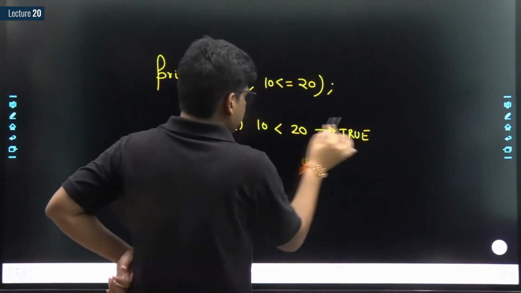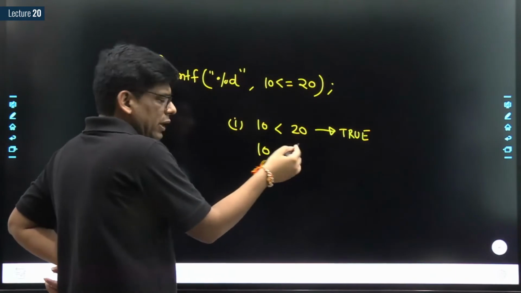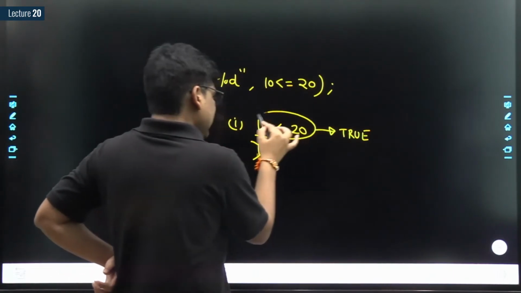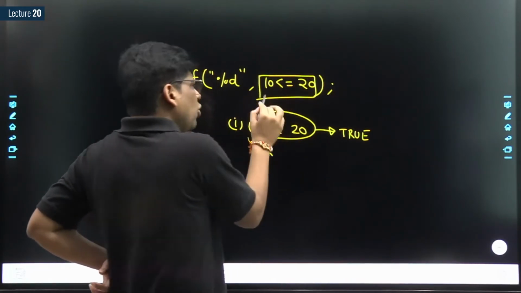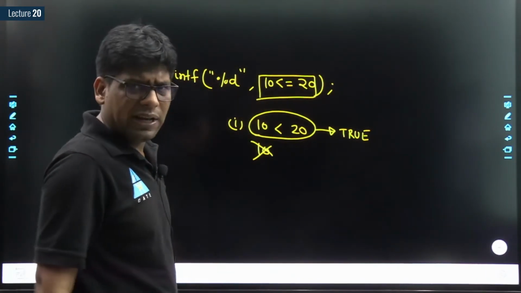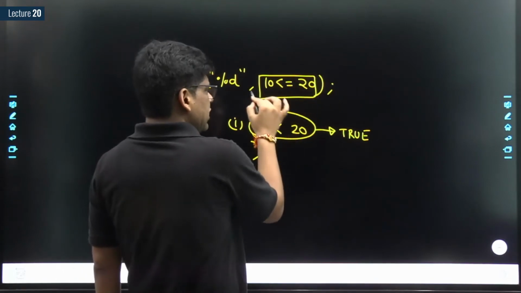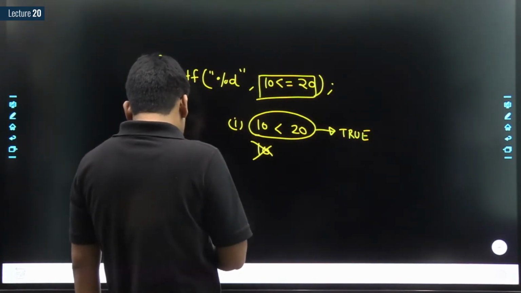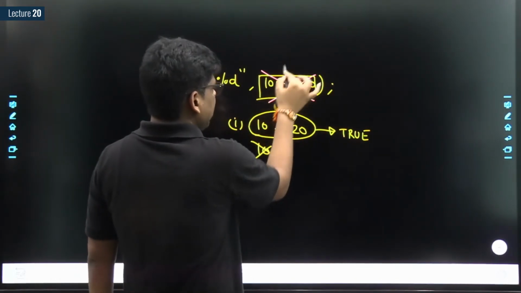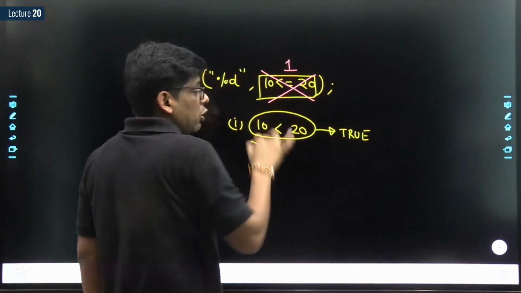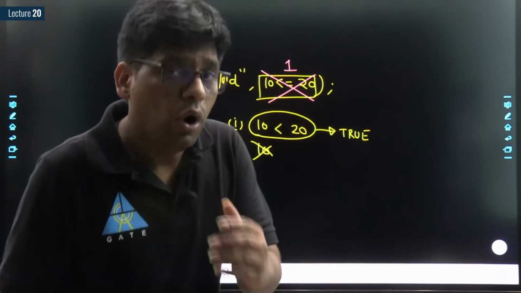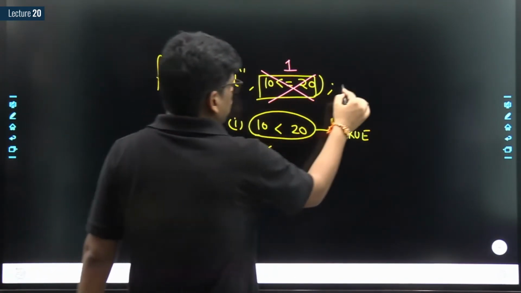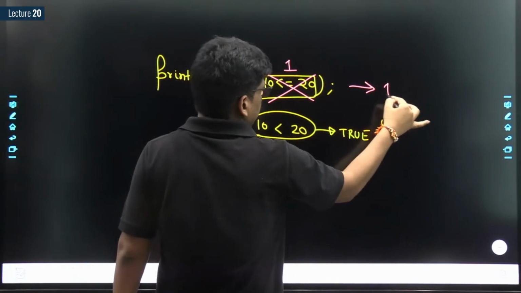And 10 equals 20, no, but if any one is true, can I say this whole statement is true? Sir, we know in mathematics that 10 is less than 20. That is why this statement is true. And when this statement is true, the whole statement is replaced by the value 1, because the output of every relational operator is 0 or 1. That means what is the output? Sir, the output of this code will be 1.